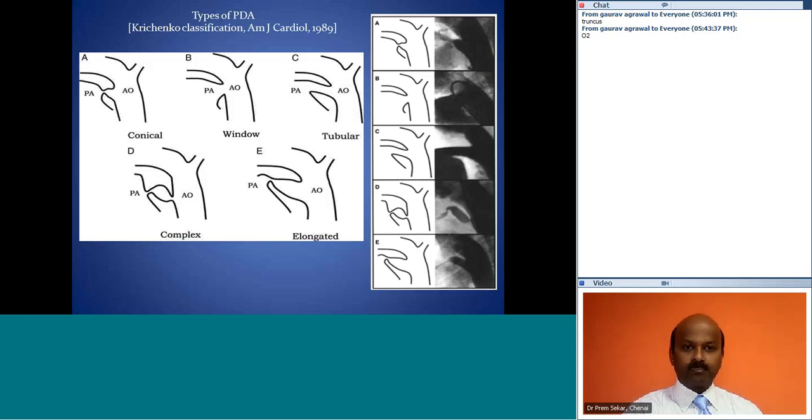But it's been noted that ductal constriction can also happen at the aortic end or in the middle of the ductus, giving rise to the various morphologies. Understanding that is important for the management of the ductus arteriosus when we go for percutaneous closure of the same.